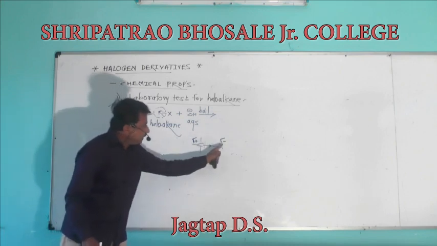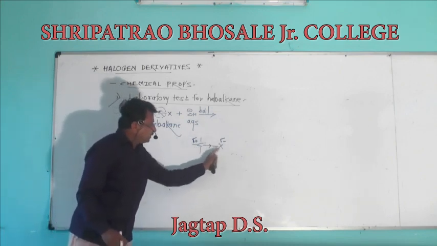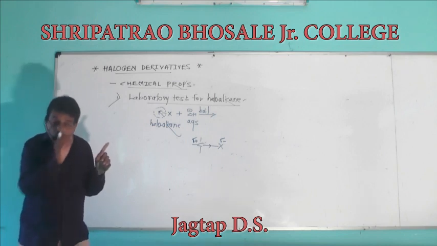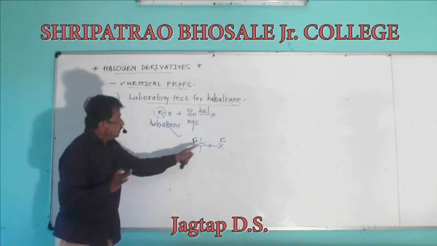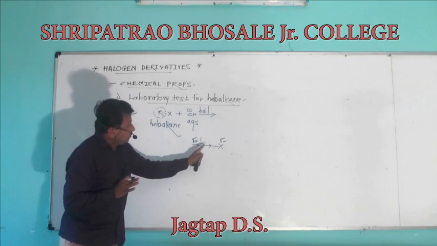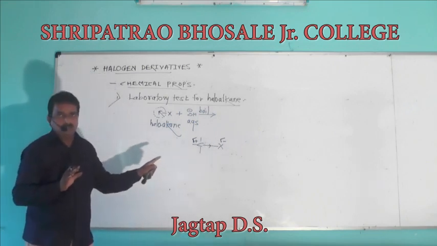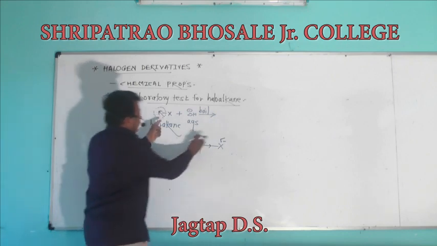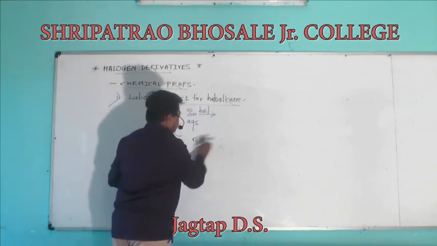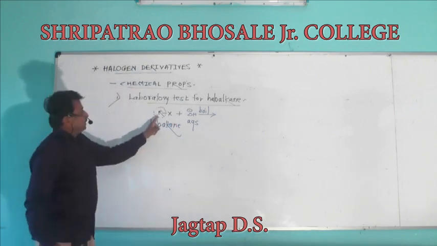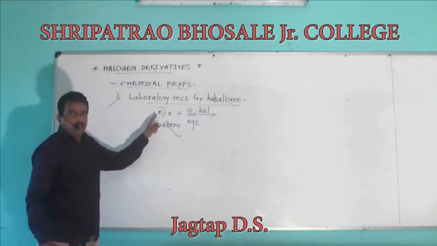This polarity is due to the electronegativity difference between C and X. Listen carefully: in alkyl halide, the carbon atom which is attached to the halogen atom is electron deficient.